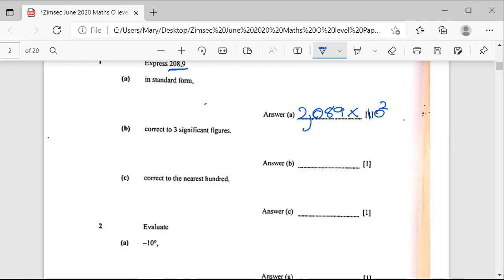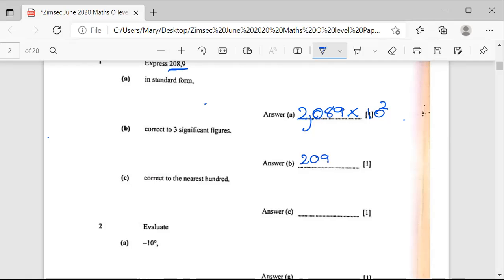So we start counting: we have got 1, 2, 3. So we need to stop there. But 9 is bigger than 5, so it means I'm going to add 1. So it's going to be 209 when I express this number into 3 significant figures.